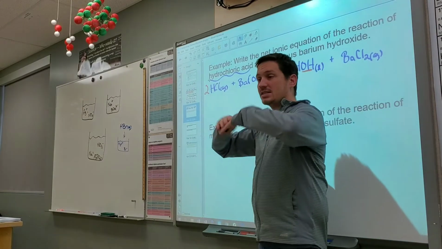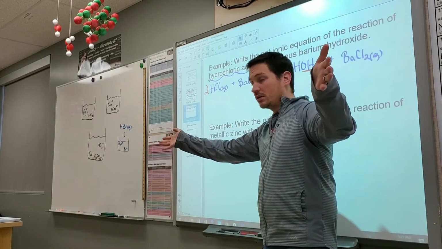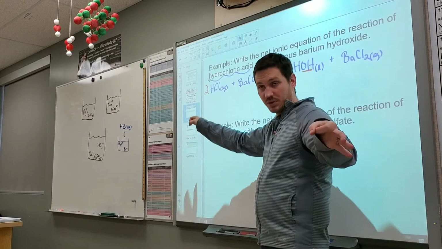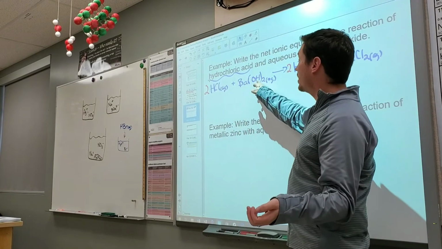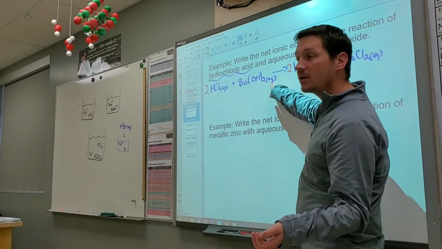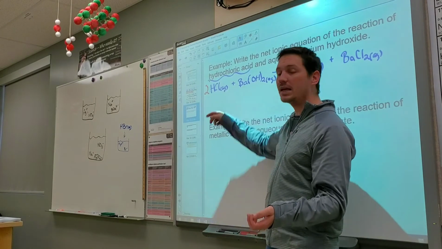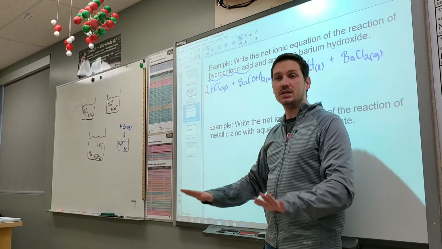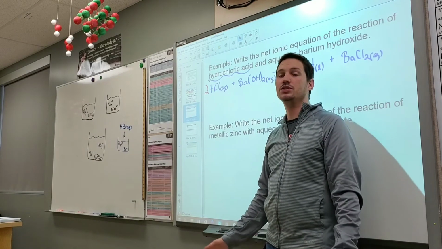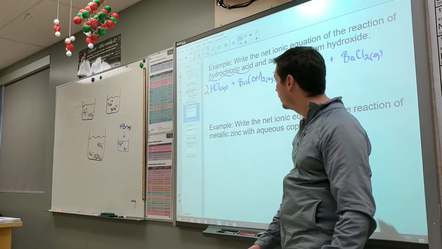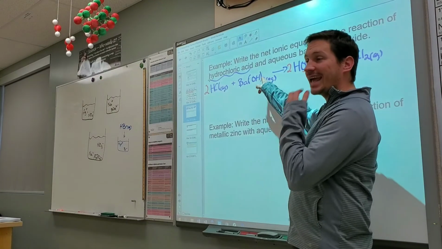Can hydrochloric acid split up? Yeah. It's a strong acid, so split it up. If it was a weak acid, most of it does not split up, so you would not split it up. Barium hydroxide, can it split up?